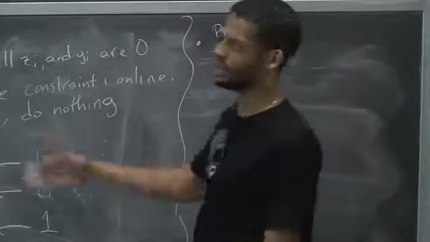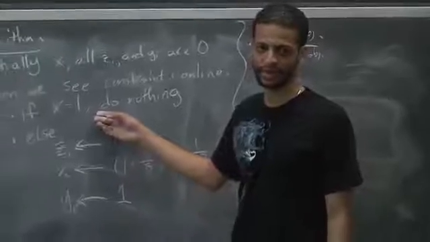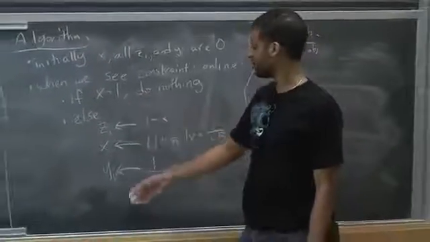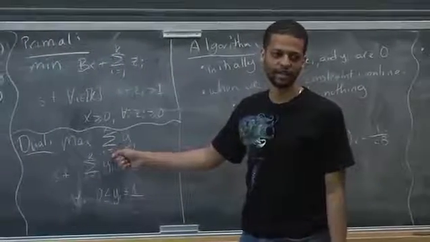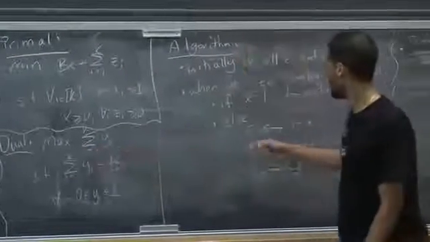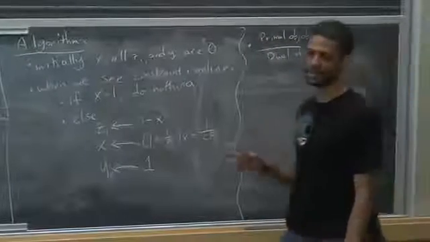Well, in every step of this, they either both don't change, or the dual objective changes by 1. It increases by 1. And how much does the primal objective change by?